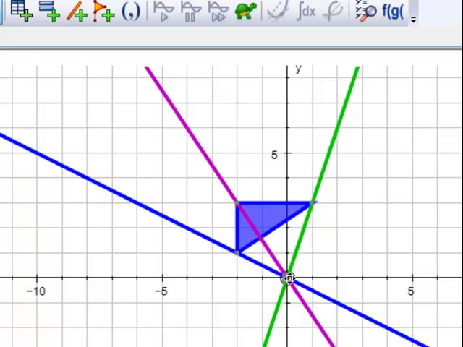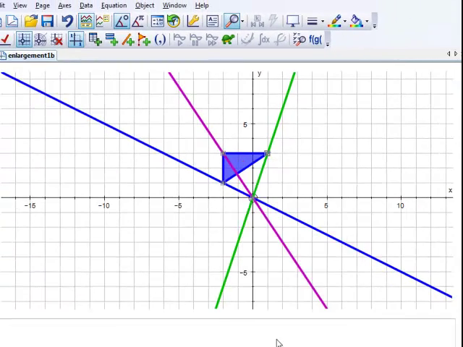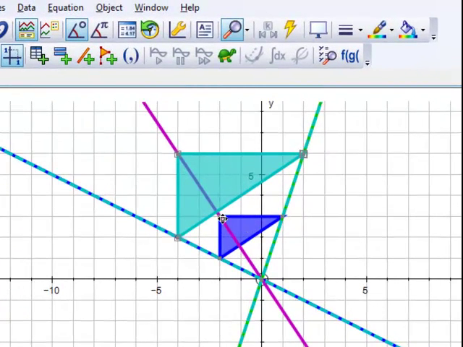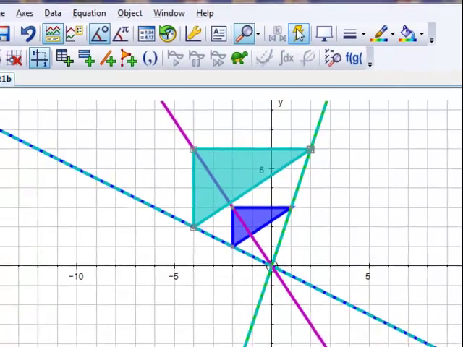I'm now going to ask Autograph to draw the enlargement for me. Scale factor 2, and there it is. We can look at the areas. The area of that should be 4 times that. By looking at the rectangles, compare the rectangles. The triangles are half the rectangles in area, so you'll be able to tell that's 4 times bigger than that.